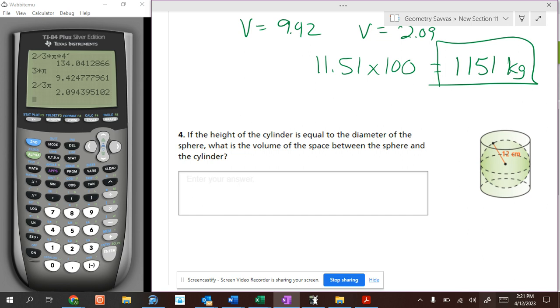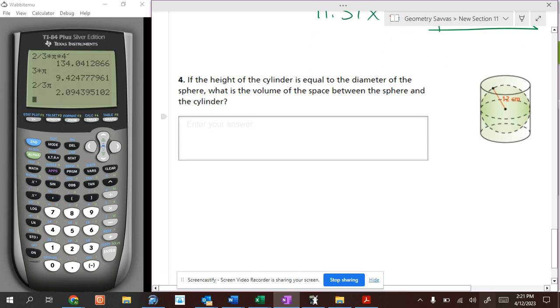So if the height of the cylinder is equal to the diameter of the sphere, what's the volume of the space between the sphere and the cylinder? It's the same as the cube problem, right? Okay, except we've got to find the volume of the space in between. So should we add or subtract the two volumes? Subtract, because we're finding the difference of the two volumes. So we subtract. The radius is 12. So the volume of a sphere is 4/3 pi r cubed.